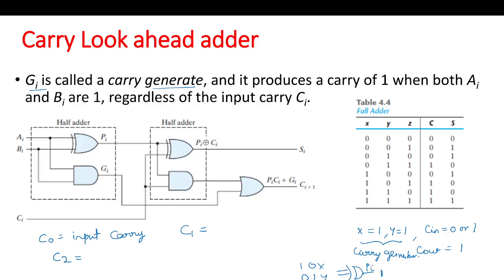So this is the propagate, and this is the carry generate. So the propagate is ai XOR bi, and the generate is ai bi.